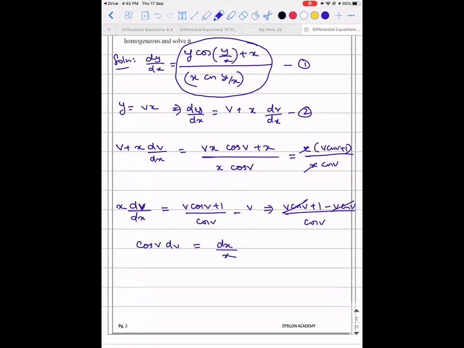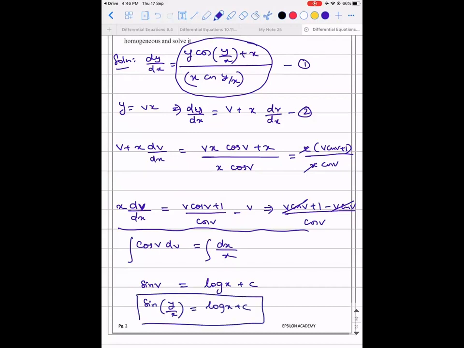So what are we supposed to do? After this step, I applied variable separable. So integrate on both the sides. We will get sin v is equal to log x plus c. But what is v? So this will be the required answer.